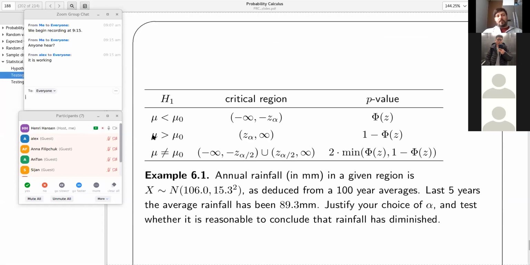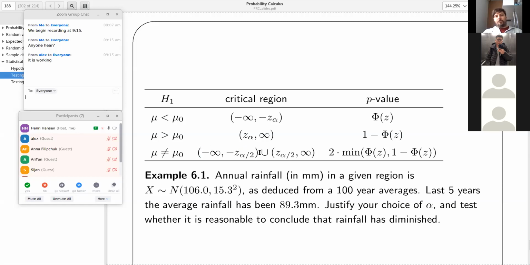If the alternative hypothesis is the one tail, the high tail, the larger values, so we get a value that is above that limit, and then we get 1 minus the value of the cumulative distribution function at z. And if it's just that they're different, then we have these two tails.